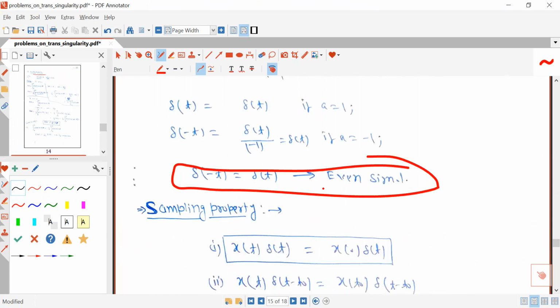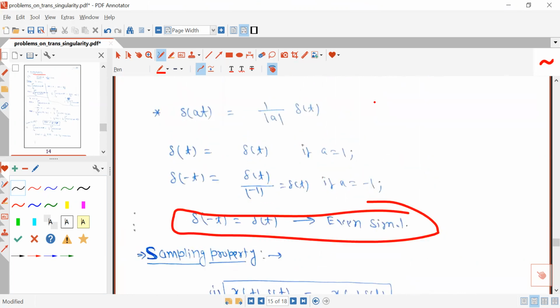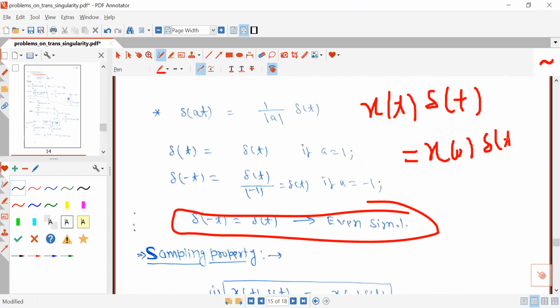It is a very important property. According to sampling property, the product of any test signal with delta t will be equal to x naught delta t. Because you know, for any value of t other than zero, delta t will be 0.